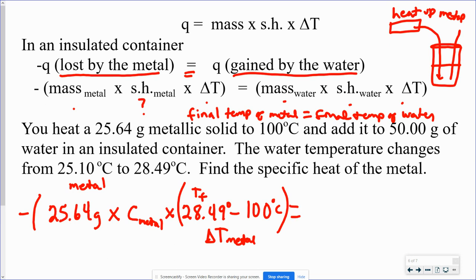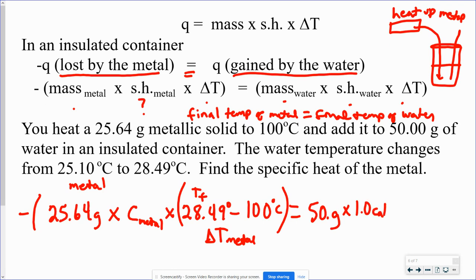That's equal to the mass of the water, which is 50 grams, times the specific heat of water, which we're going to, it doesn't say if it needs to be in calories or joules. I'm going to do it in calories and then I'll convert it to joules.